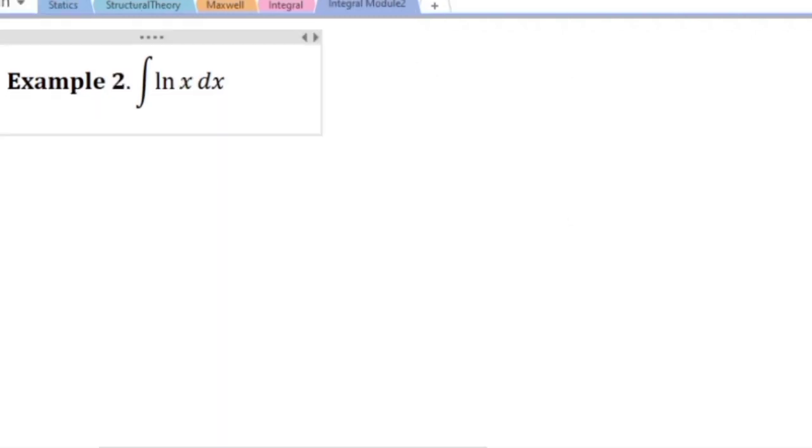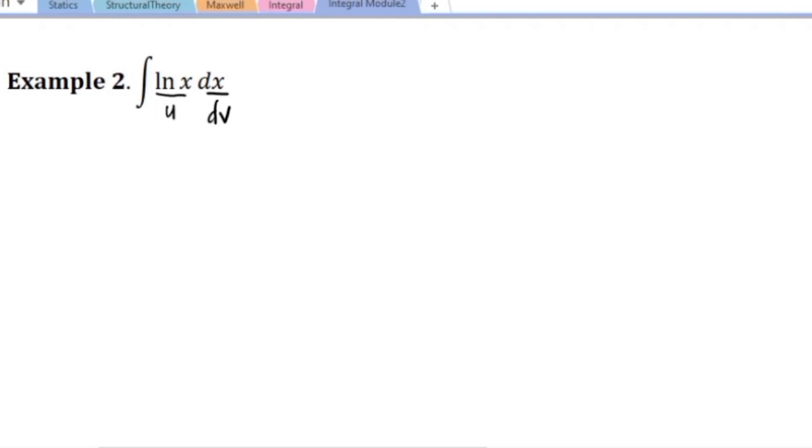Example number 2, we have the integral of ln of x dx. So we let ln of x as our u and dx as dv.